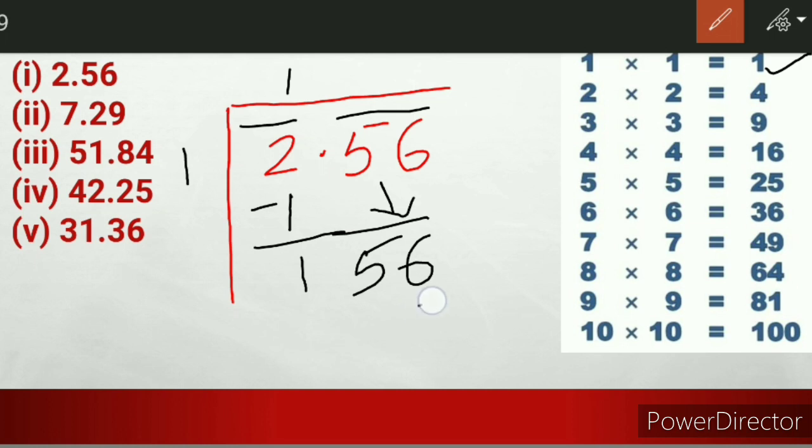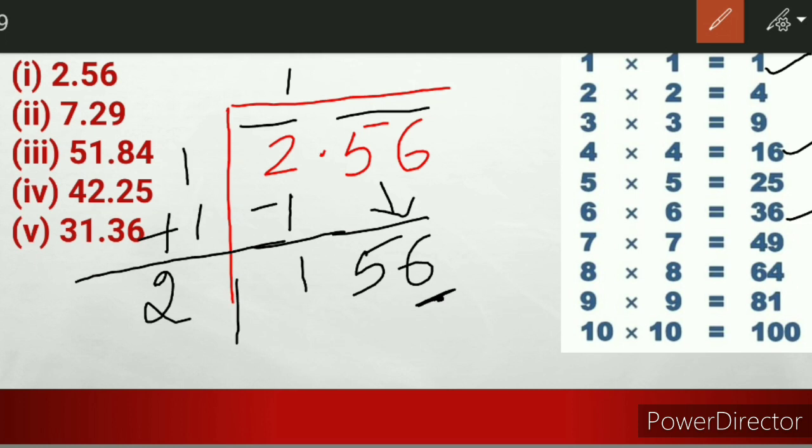Look at the unit place, 6. According to the unit place we have to select the square number. 16 and 36 are the square numbers having 6 as the unit digit. Which one? First we will try with 4. Before that, one step: 1 plus 1, 2. We add unit digits with unit digits.